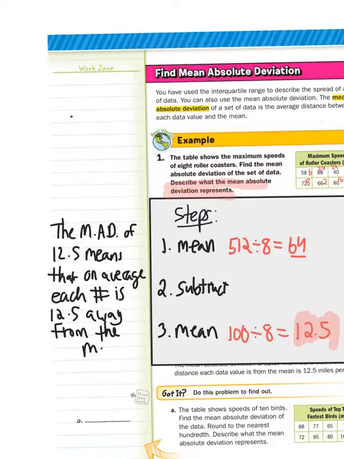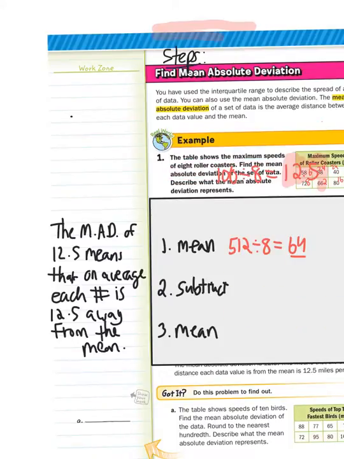Okay. You can pause the video and get that written down if you need to. Now, remember the steps. Find the mean, subtract, find the mean again. You're going to be following those steps as we work on the worksheet.